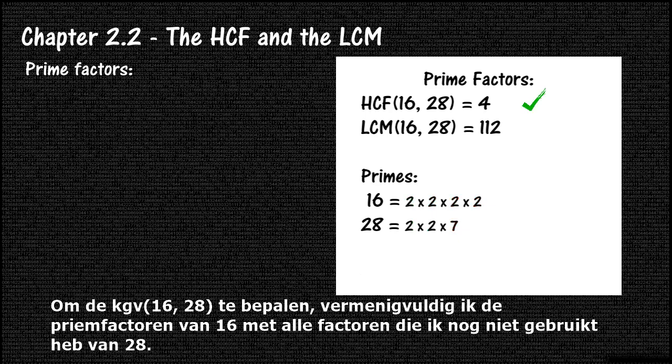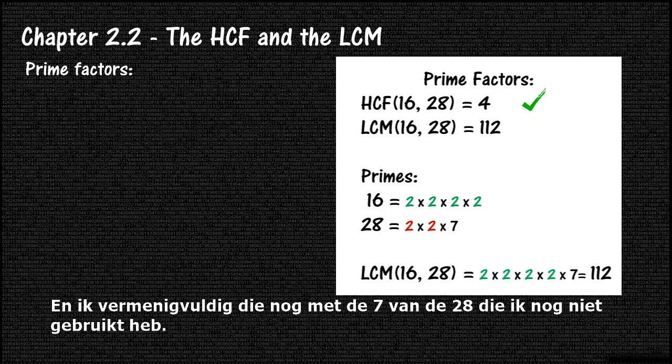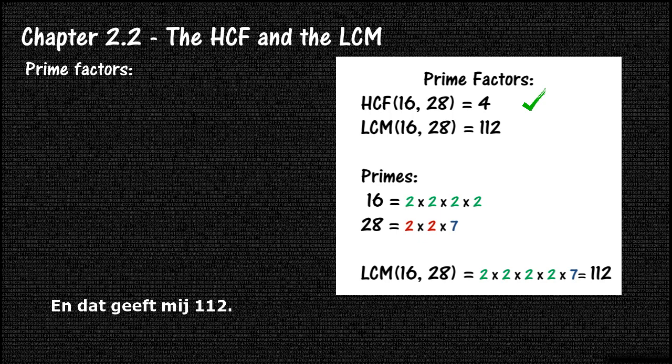For the LCM, I multiply the prime factors of 16 with any factor I haven't used of 28. So I do the 2 times 2 times 2 times 2 from 16, and I multiply that with the 7 of the 28 that I haven't used yet. And this also gives me 112.